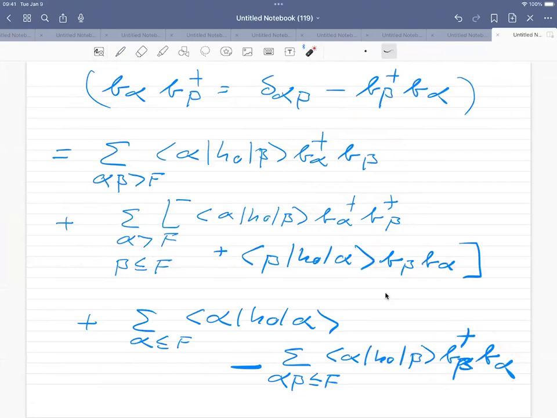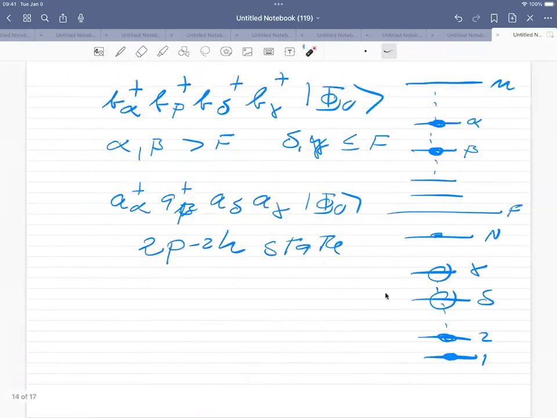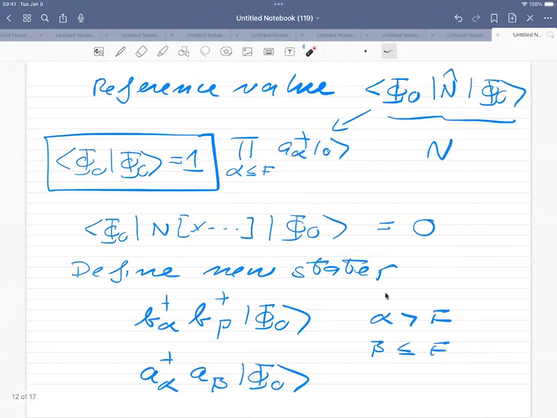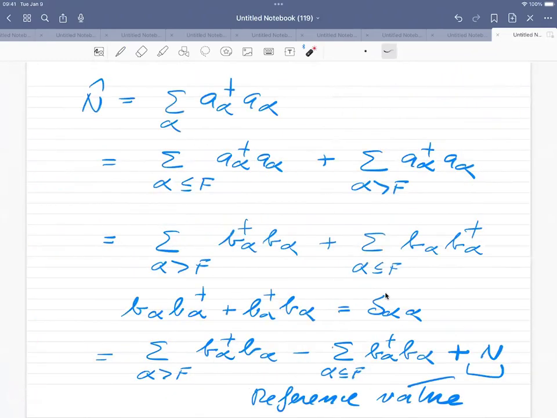And we have an additional constant, which is similar to what we had for the number operator before the break, because in the number operator, we just had the expectation value, the vacuum-to-vacuum expectation of the number operator, which is a number of particles. So every such operator with respect to the new reference state is going to be rewritten in terms of a chain of normal ordered operators plus some constant, which we call the reference value.